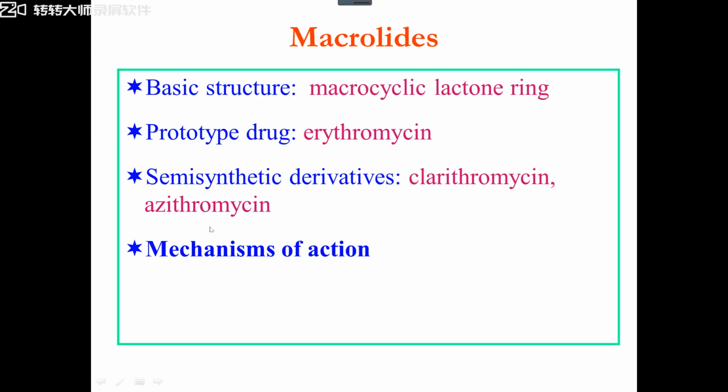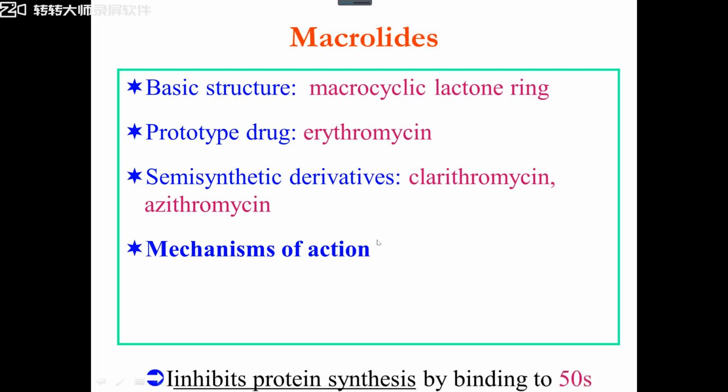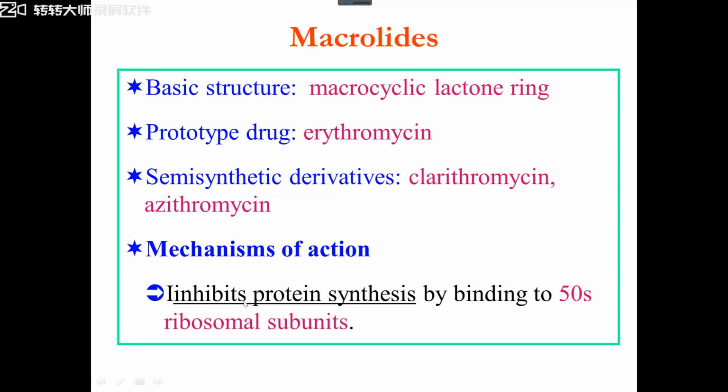Okay. These drugs, macrolides or erythromycins, share the same mechanism. Do you remember the mechanism? In the beginning of this part, we studied that we divide antibiotics into 5 kinds in accord with their mechanism. And some drugs can inhibit protein synthesis.